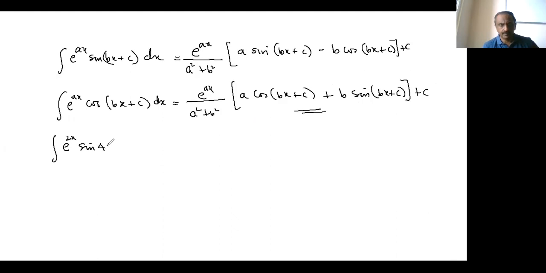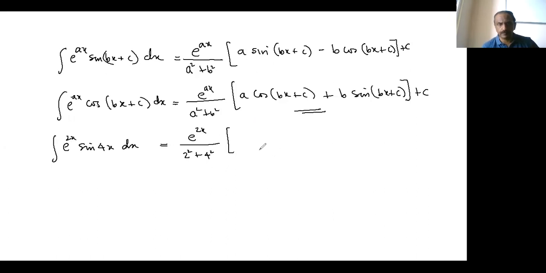So for example, in the previous problem, it was e raised to 2x into sine 4x, not c, 4x. So your answer would be e raised to 2x divided by 2 square plus 4 square into a. A is how much here?